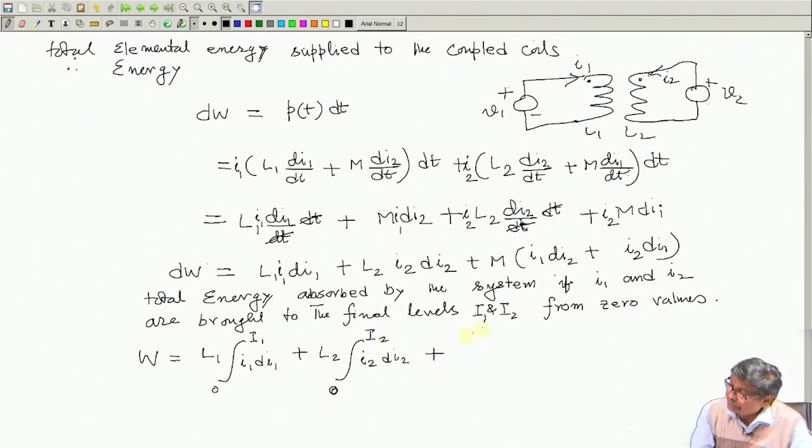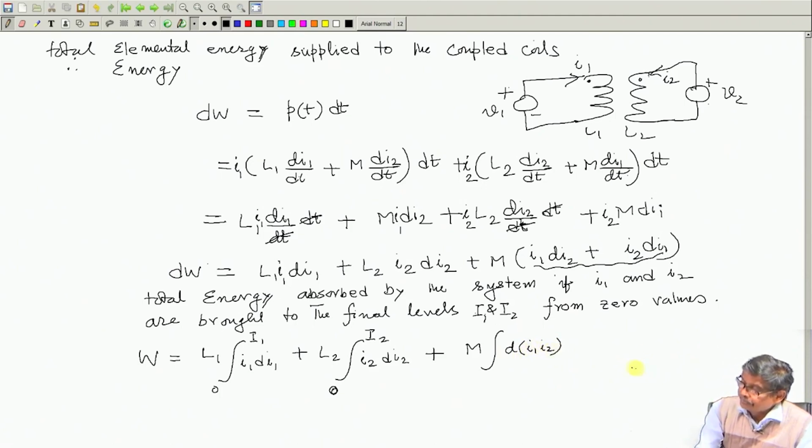and for this one, these two terms M I1 dI2 plus M I2 dI1 can be written as M d(I1 I2), product of differentiation. And then I should write the limit of I1 I2, which was 0, and finally is I1 I2 product.